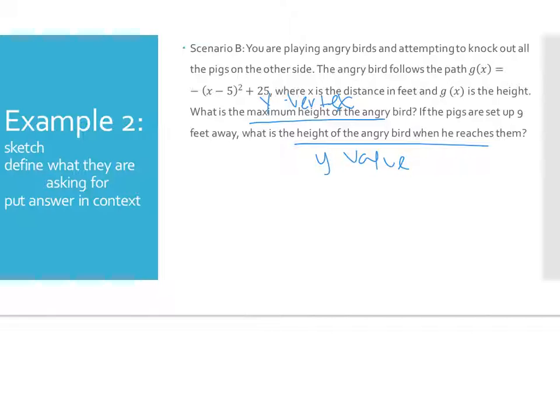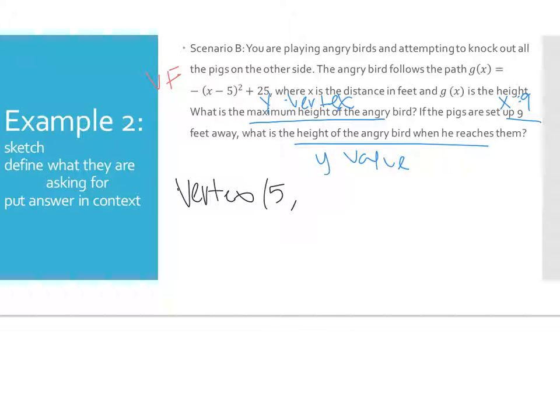And they want to know what your y value is when x equals 9. So those are the two separate questions they're asking you. This equation has parentheses in it, so I know it's vertex form. So I need to find the y value of my vertex and then also evaluate the equation when x equals 9.